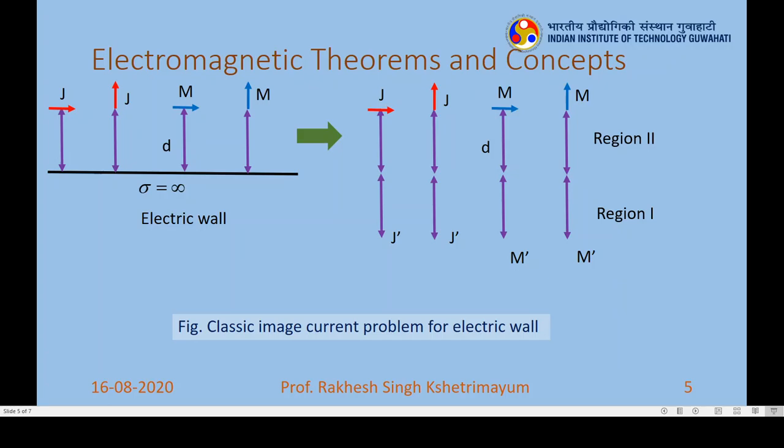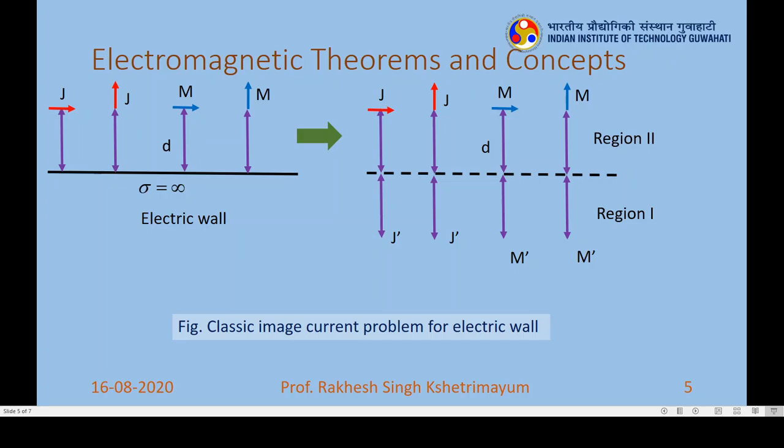So the first thing we'll be doing is we remove the perfect electric conductor, because of the perfect electric conductor it was difficult to find the fields. I will just remove it. When I remove the perfect electric conductor, I need to make sure that the original boundary condition we have on the perfect electric conductor should be satisfied at the dashed line we have here.